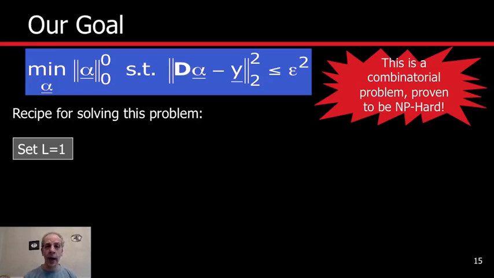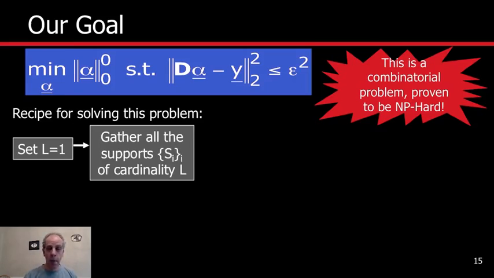We start with L equal 1, so we look for a signal that has sparsity 1. So we generate all the possible supports of that signal. Because L is equal 1, the support means only the first one is active, or only the second one is active, or only the third one is active, and so on.